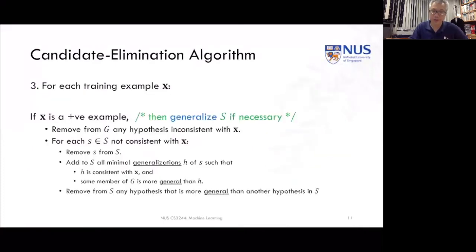So let's look at the candidate elimination algorithm. It's basically going to have two parts, one for the positive instances and one for the negative instances. If it's a positive instance, what we need to do is something very similar to what the Find-S algorithm does, which is to generalize. What we're going to do is take any hypothesis that's inconsistent with it and remove it from our general hypothesis set.